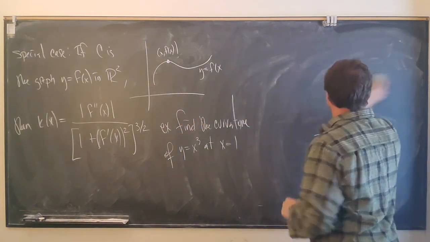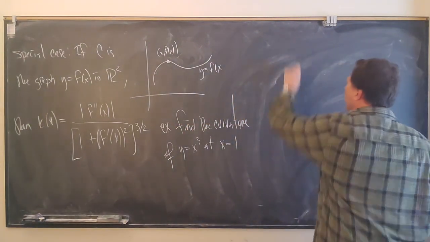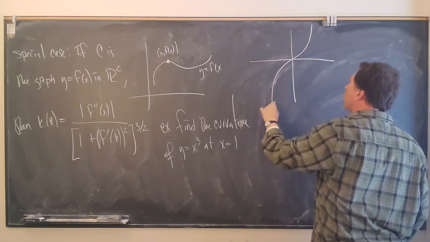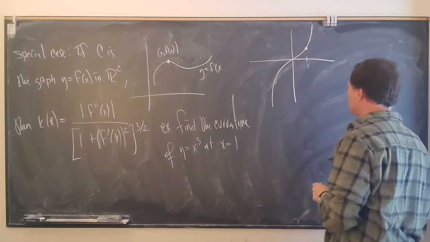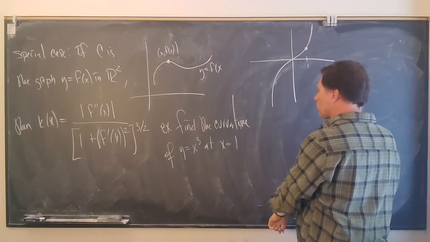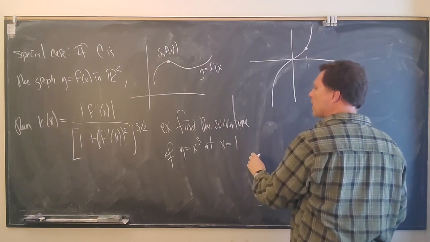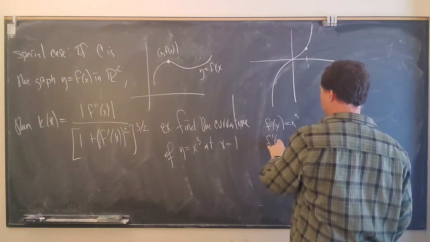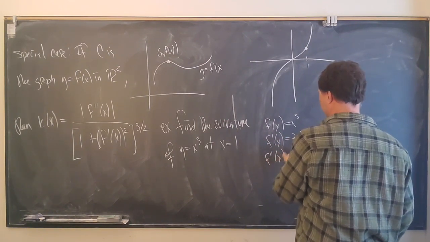All right, so all we need to do is take a couple of derivatives and throw it into this formula right here. We're looking at the graph of x cubed at x equals 1, so we'd like to know the curvature there. Let's compute derivatives first. f of x equals x cubed, f prime of x is 3x squared, f double prime of x is 6x.